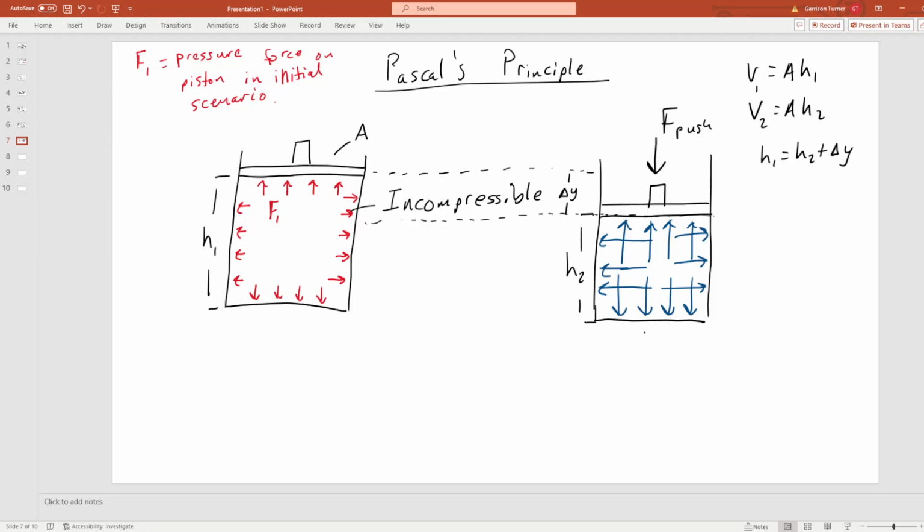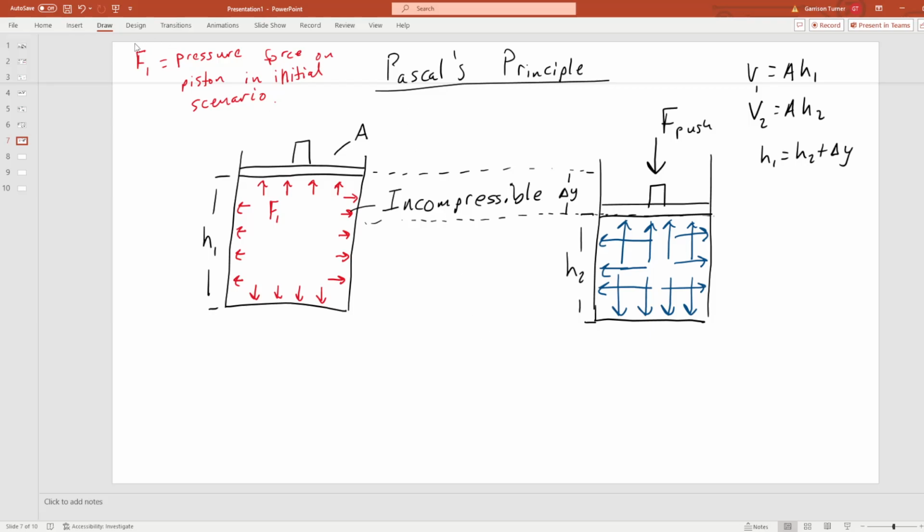So Pascal's principle basically says that any change in pressure in a container with an incompressible fluid transfers that change in pressure everywhere in the container. Everywhere in the container experiences the same delta P.